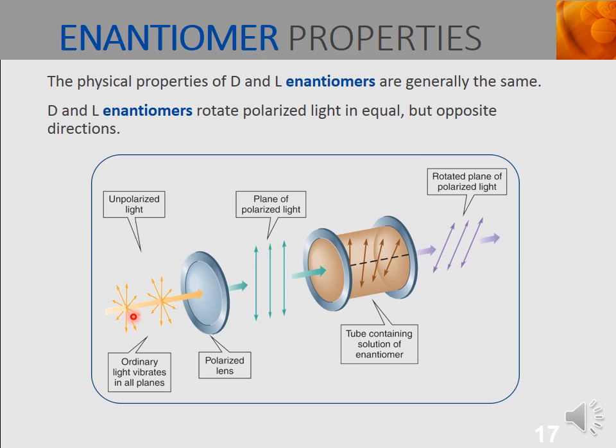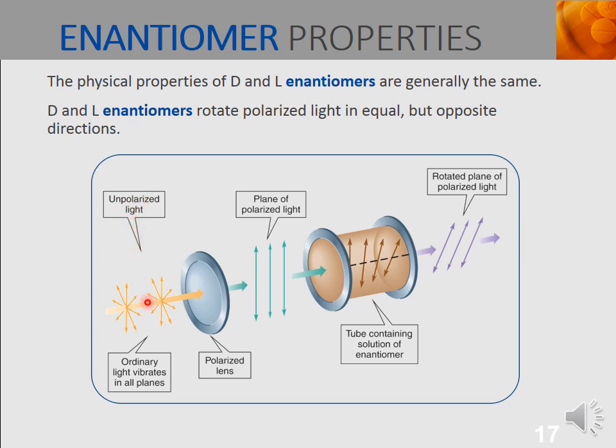Plane polarized light means the light which has one direction. Then this is the tube which contains the sample solution. The test sample is placed in the tube, and here is the rotated plane of polarized light, and here is the observer. We see whether the light is rotated to the left or right.